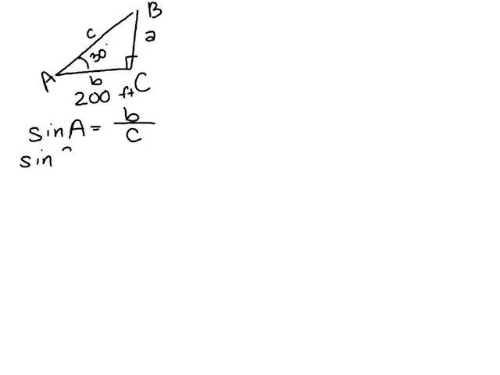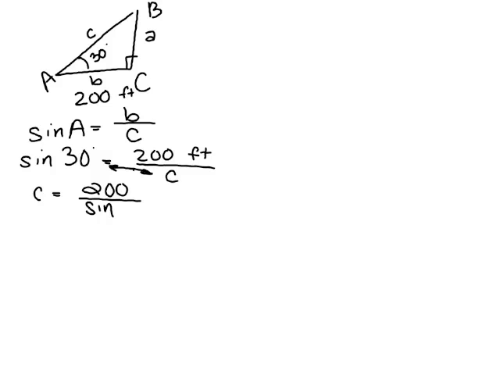Angle A is a 30-degree angle, and B is 200 feet over my hypotenuse. Okay, so switch those sides. The hypotenuse equals 200 feet divided by the sine of 30 degrees.